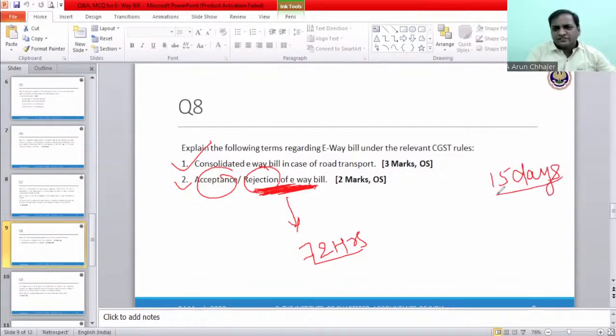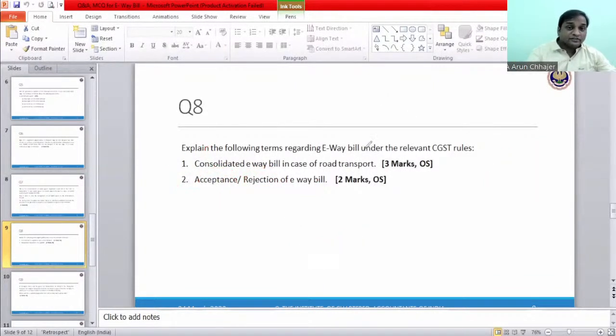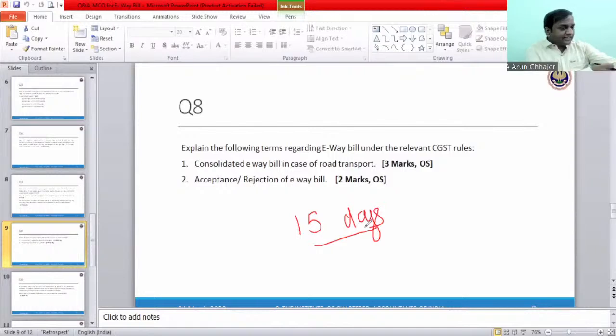Sir, what is 15 days? We have discussed something about the relevance of the 15 days. What is the relevance of the 15 days? I've forgotten that 15 days concept.